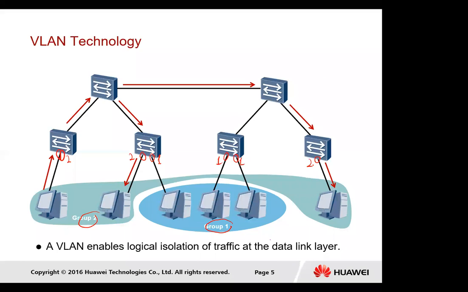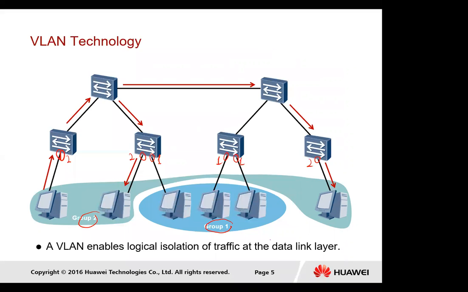The grouping in VLAN technology is not fixed to a particular switch. It can be logically anywhere, as long as you assign them to the same VLAN, they should be able to communicate.